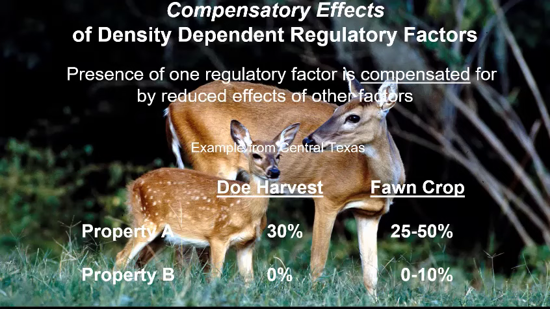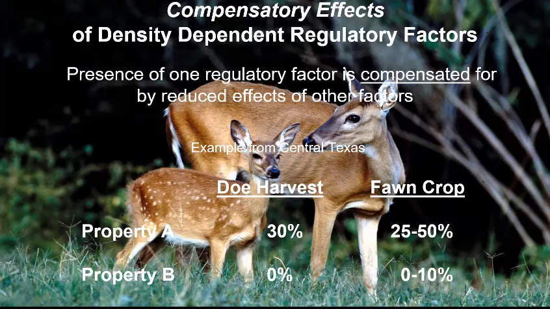This is an example from Central Texas from my days when I lived and worked in Texas. Two properties. Property A had a doe harvest rate of 30%. They estimated the number of does in their population, and they went about harvesting 30% of the does every year.